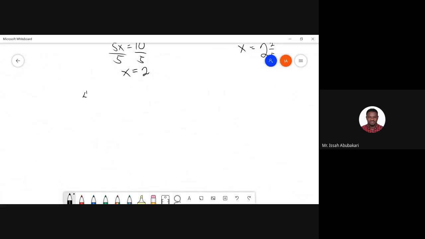Question 4. When you have x minus 1 divided by 2 plus 3x is equal to 10. Where is the class leader?